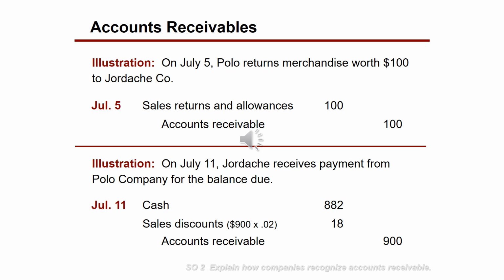So that will give us $882. And we're going to also debit sales discounts for the 900 multiplied by 2%. In this case, it's $18. And we're going to close the accounts receivable by crediting the account for the 900 that we require from Polo Company.